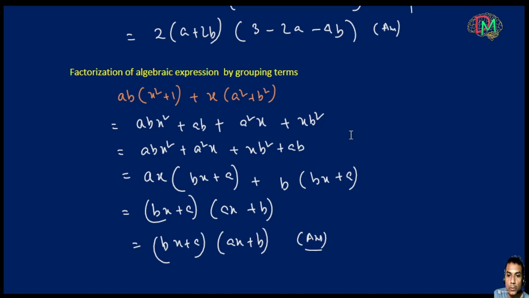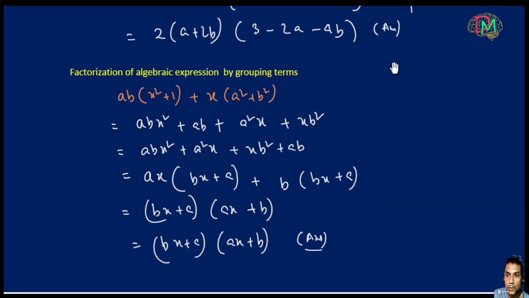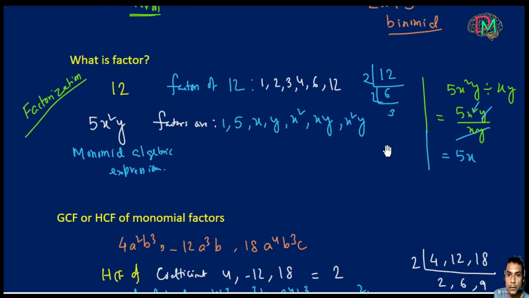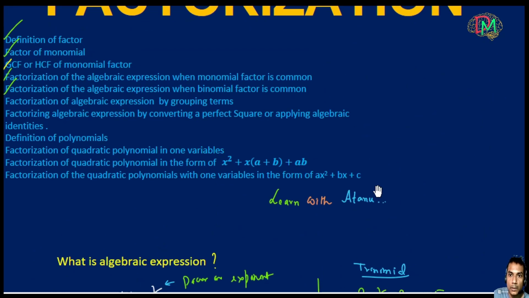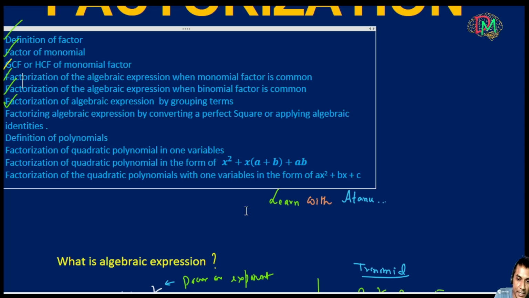So we have completed this one. Next we learn the factorization of the algebraic expression by converting a perfect square or applying the algebraic identities.